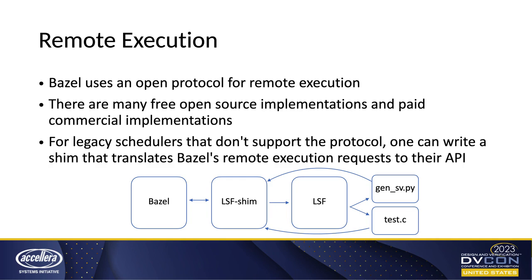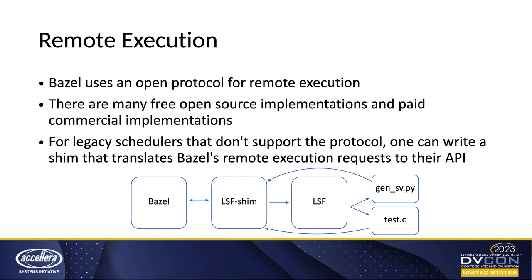If you're starting from scratch and you have a few machines, you can just download one of those projects, start it up, and point your Bazel command to that, and it'll immediately start dispatching jobs to it.